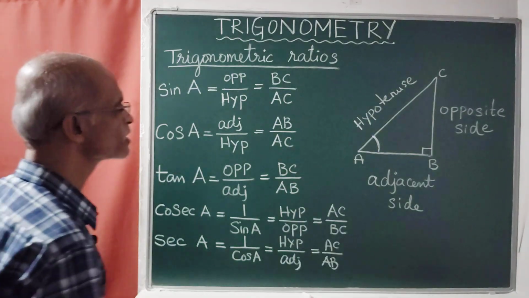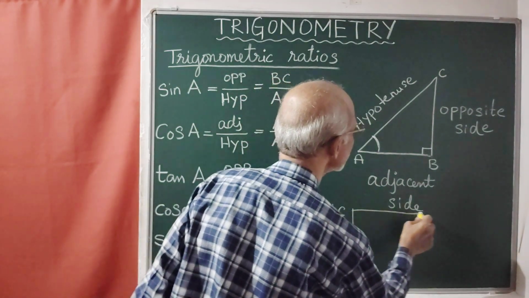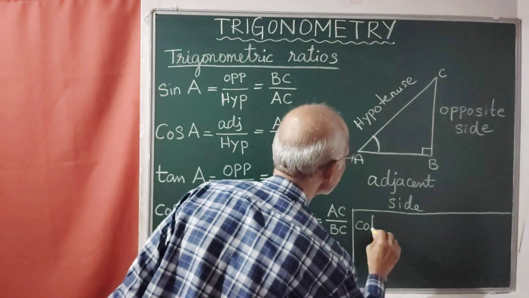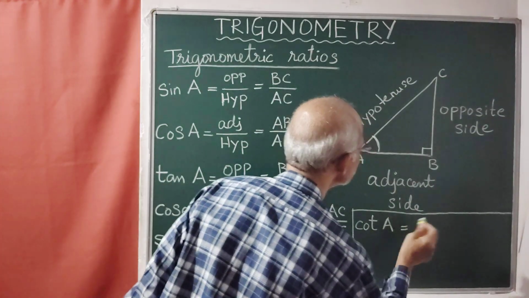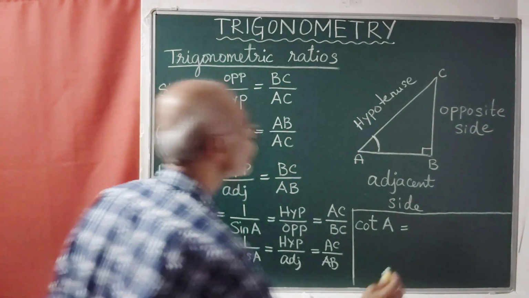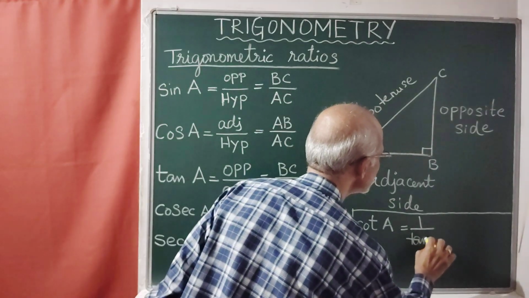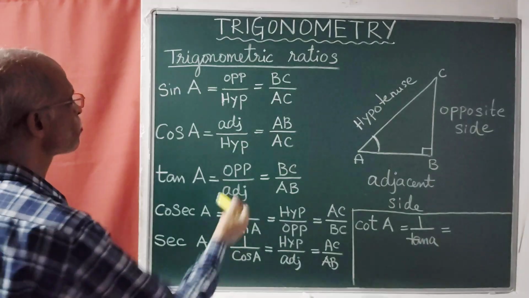The last one is cot A. Cot A is the reciprocal of tan A, that is 1 by tan A. So tan A was opposite by adjacent.